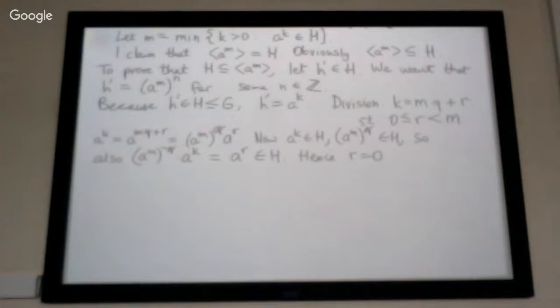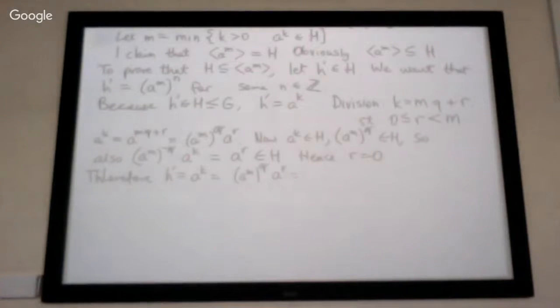Well, now if R is 0, therefore, when we look at our element H dash, which was A to the k, which was A to the n to the q times A to the r, now we know R is 0, so this is just A to the n to the q, because A to the 0 is the identity.